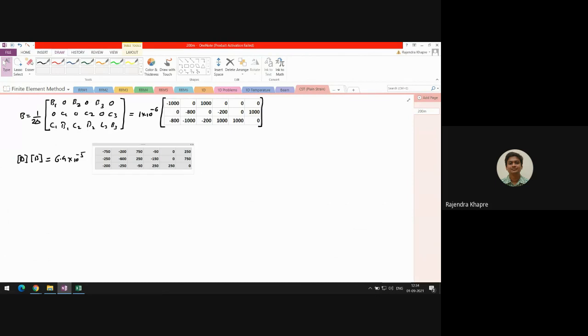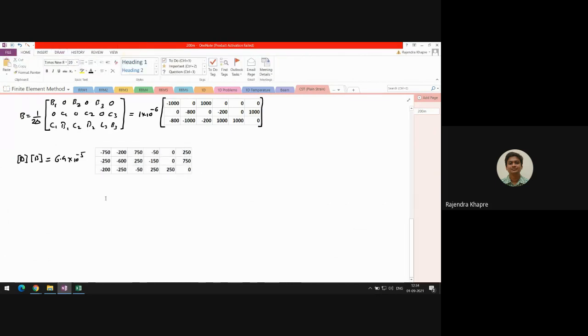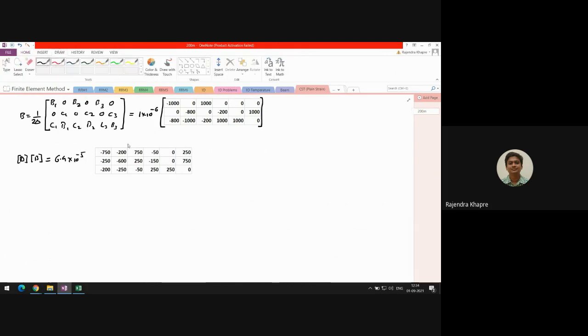Let me increase the font so that it is clearly visible. I hope you have understood this. It's a simple matrix multiplication, not much to explain in this.